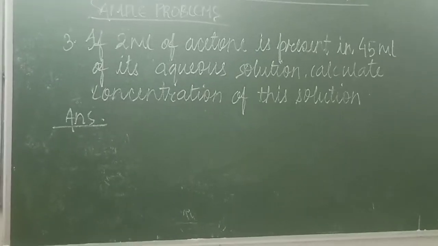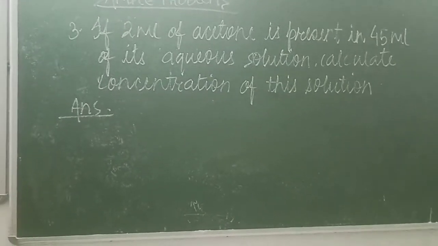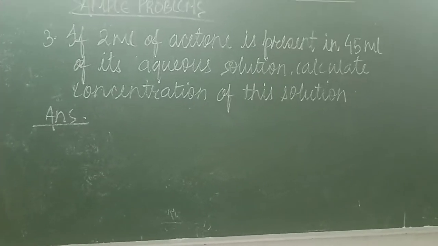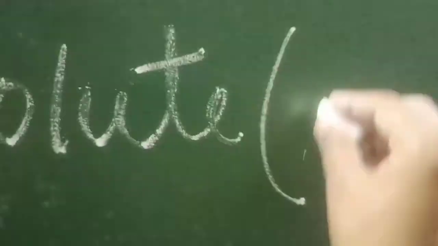So here the value of solution is already given, so there is no need to find out the value of solution. First of all, in this case, given is what? The volume of solute, and what is the solute in this case?